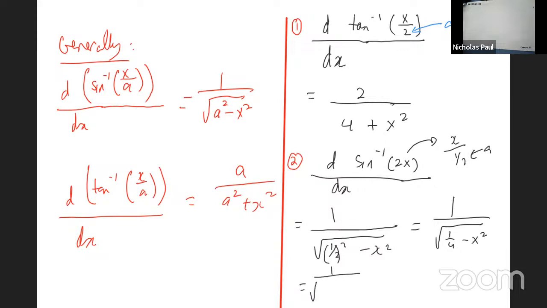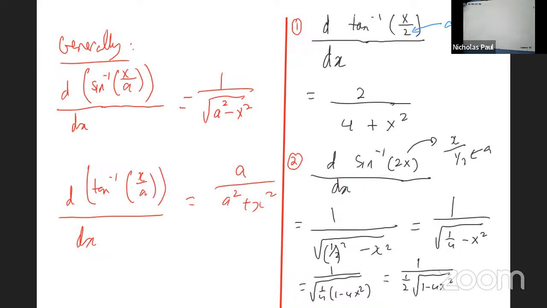So it will be the square root of 1/4 by 1 minus 4x squared. The square root of 1/4 is a half. So it will be 1 over half by the square root of 1 minus 4x squared.